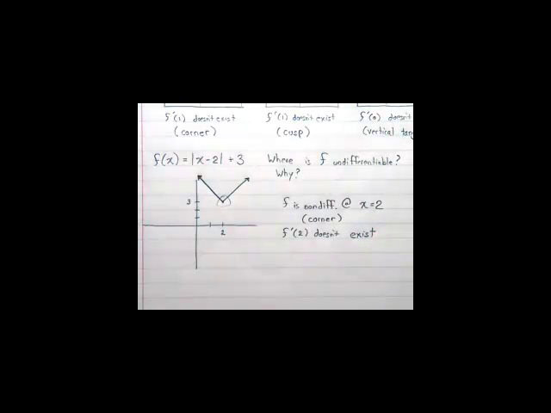You can do it either way. That's an important point, too. I'm okay with you guys describing this either way you want. Either saying it in words, non-differentiable at x equals whatever, or f prime of whatever doesn't exist. It's saying the same thing.